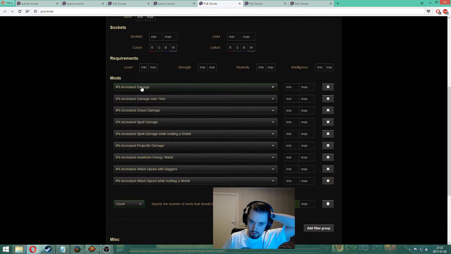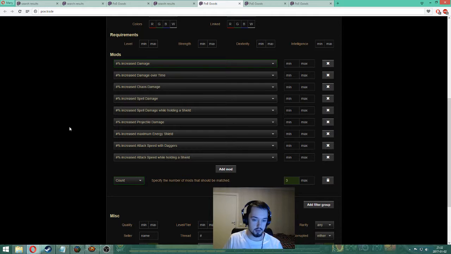You put in all the damage types that are reasonable. This is an essence drain dual. Damage over time, chaos damage, spell damage while holding a shield, projectile damage, increased maximum energy shield. And let's say I use a delirium crafted dagger on my essence drain build, so we probably want some attack speed with daggers and attack speed while holding a shield as well.